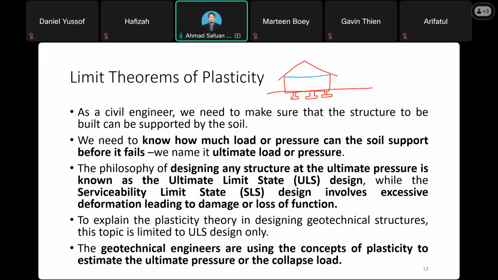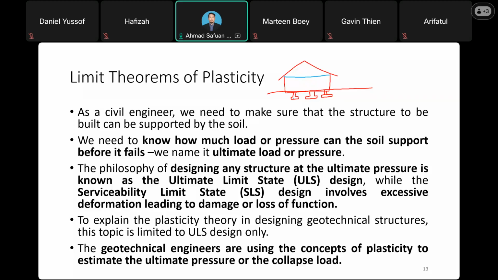People will not feel comfortable staying in a house that has a lot of cracks, although the building is considered stable and safe to be staying in. But it has lost its function, people do not feel comfortable.